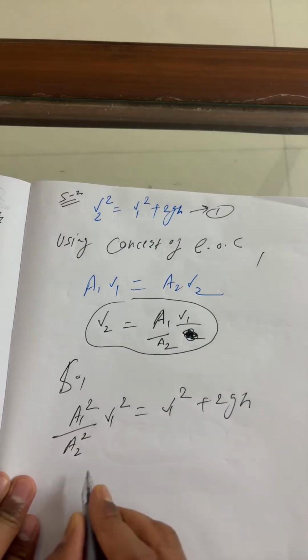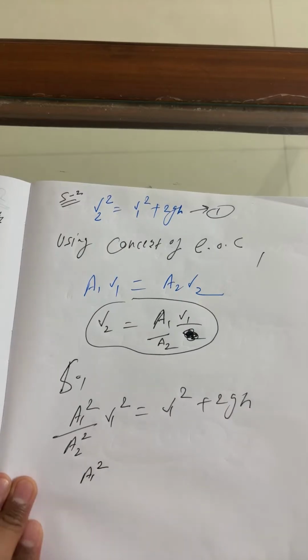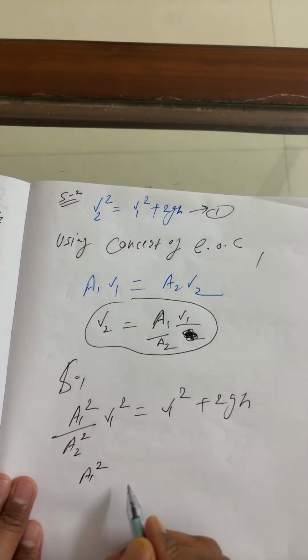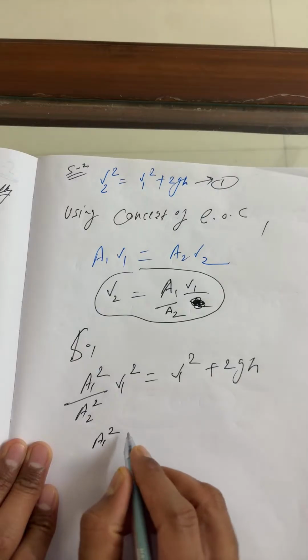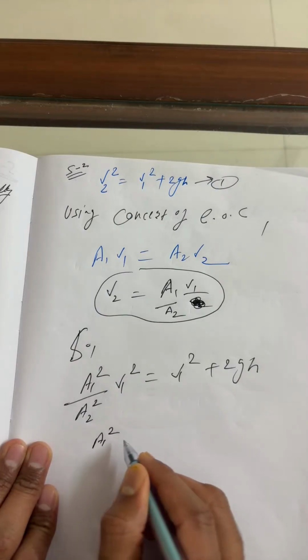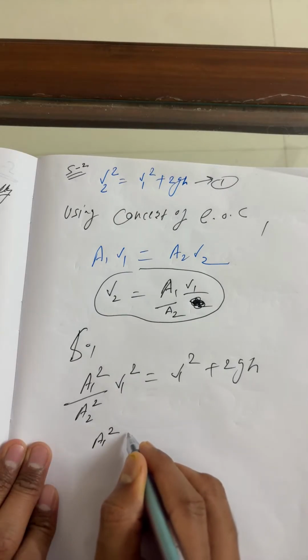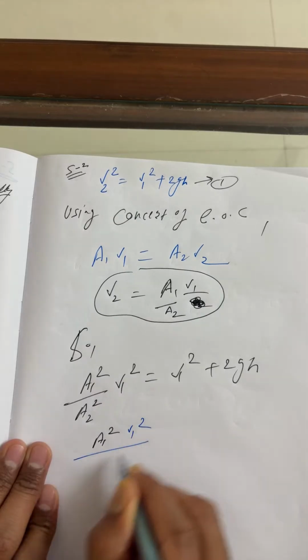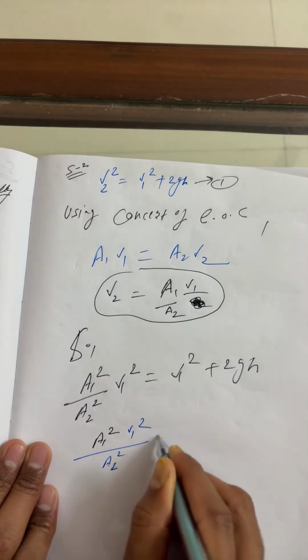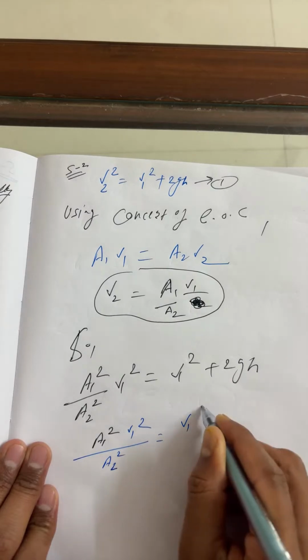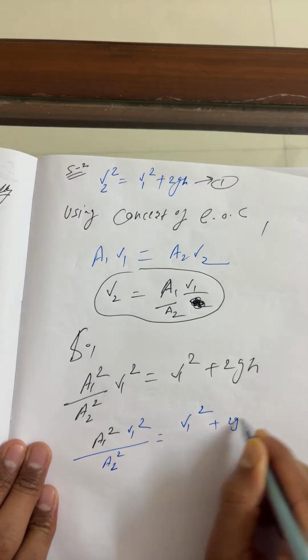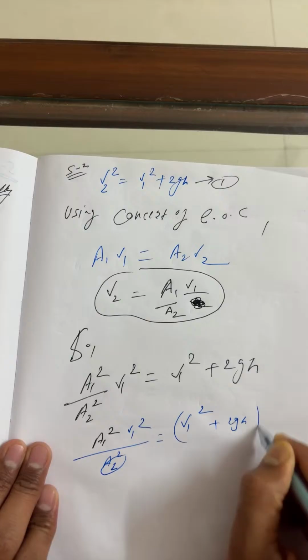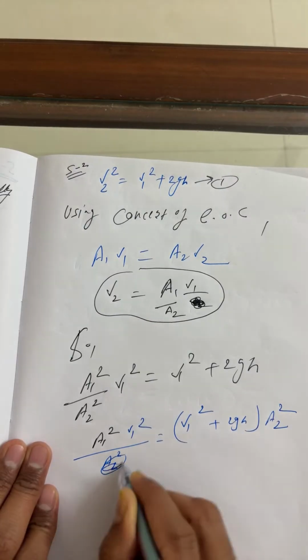So A1 squared V1 squared upon A2 squared is V1 squared plus 2gh. Let us suppose I'm calling this A2 squared.